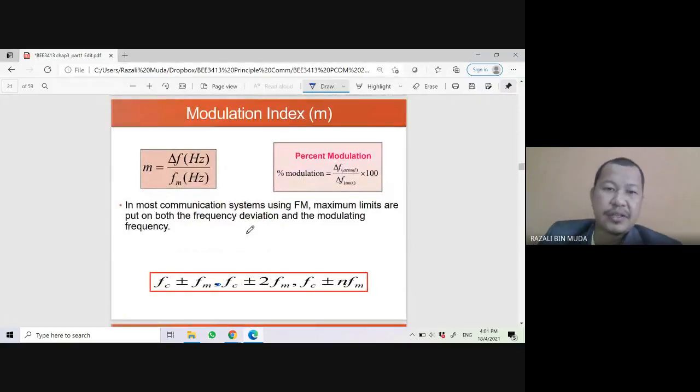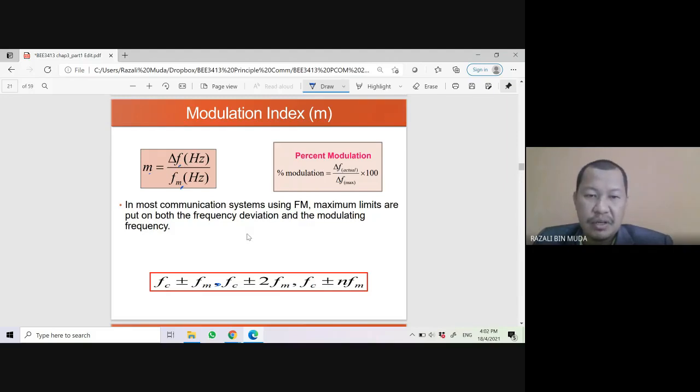Okay, modulation index. Remember, delta F over Fm is the modulation index for FM. From this, we can calculate the percent modulation. Percent modulation is calculated by using this equation, delta F over delta F max multiplied by 100. In most communication systems using FM, maximum limits are put on both frequency deviation and modulating frequency.